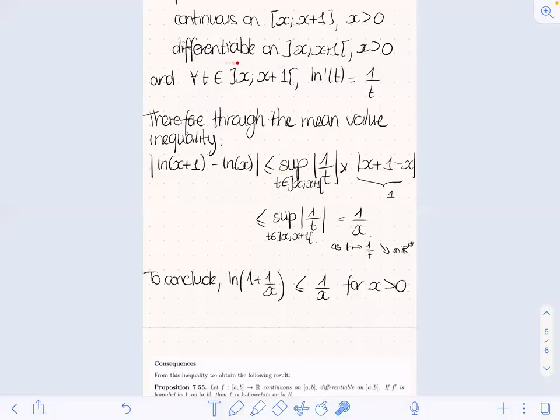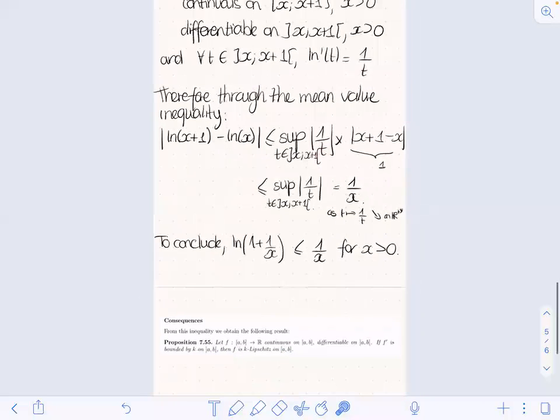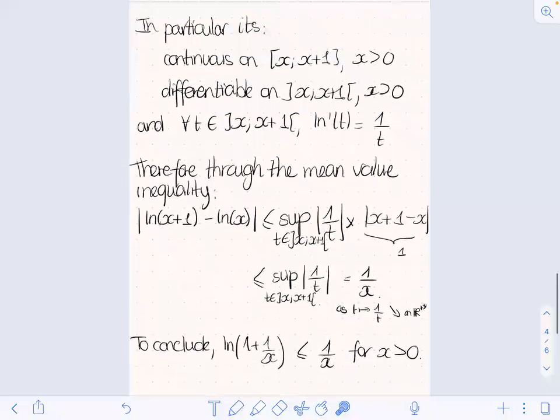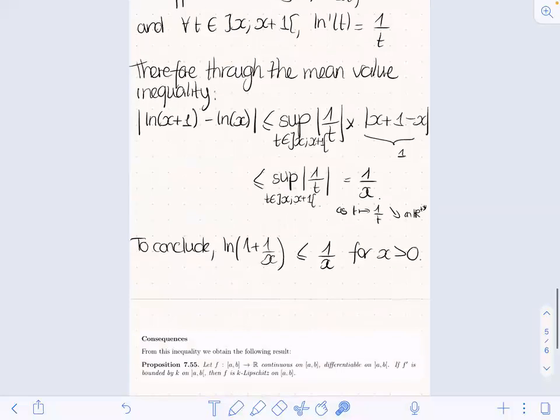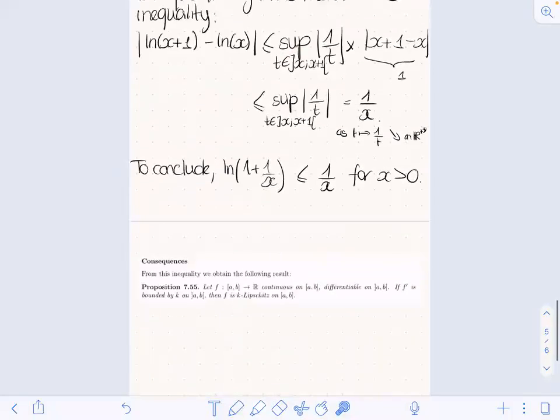So you just need to check the differentiability on the open interval. I don't know if that answers your question a bit. Yes, it does. Thank you. You're welcome. If you wrote a closed interval for any of these properties, everything would be right. You just need to have it open here.